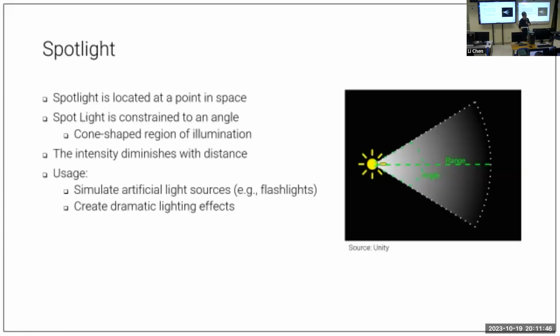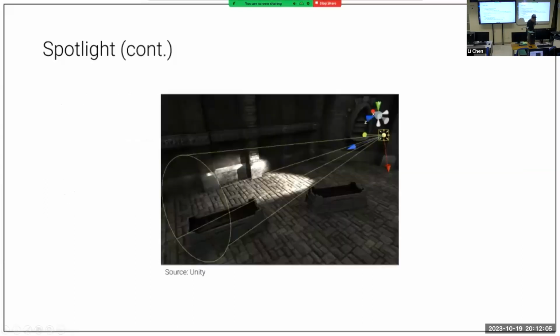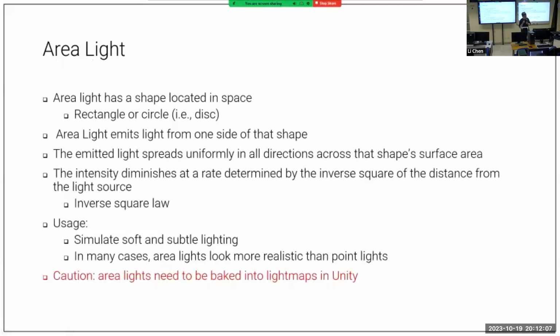We also have the spotlight. As I mentioned, this is very straightforward. It's like a torch, a flashlight. You have a range, you have an angle, and the intensity of the light will drop to pitch black after a certain distance. So this is spotlight. Area light: remember, this is the light that you have to bake in advance in order to show the effects.